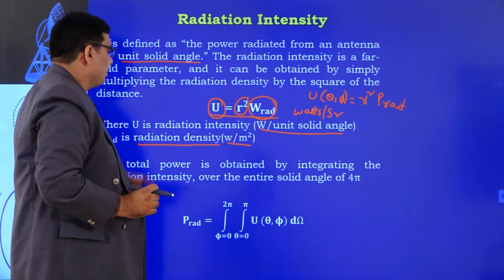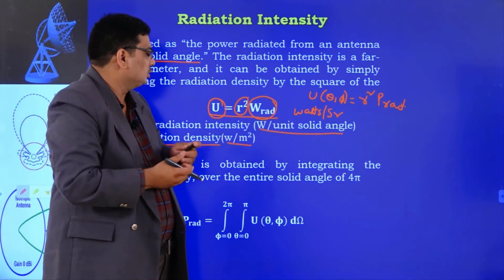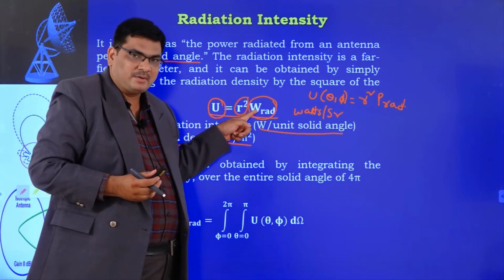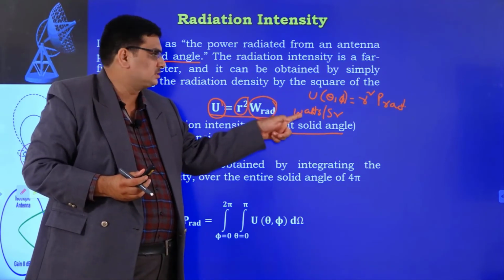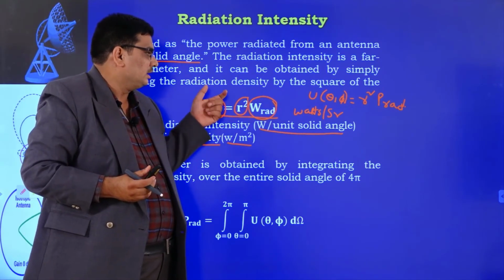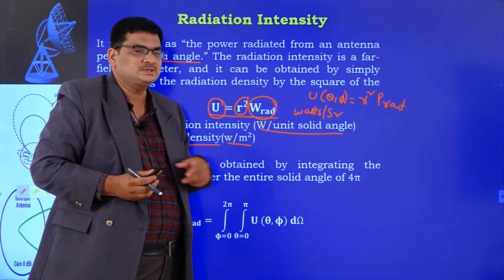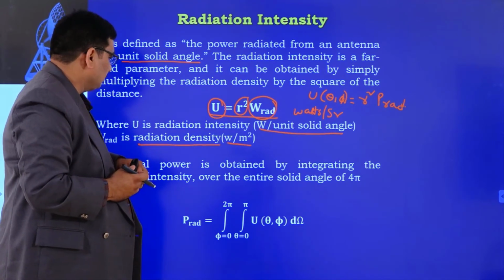We measure radiation intensity in watts per steradian, because we are multiplying the radiated power P rad, which is expressed in watts, and intensity is in terms of solid angle. That's why it is watts per solid angle, that is watts per steradian.